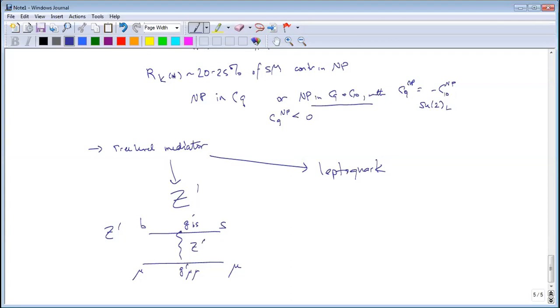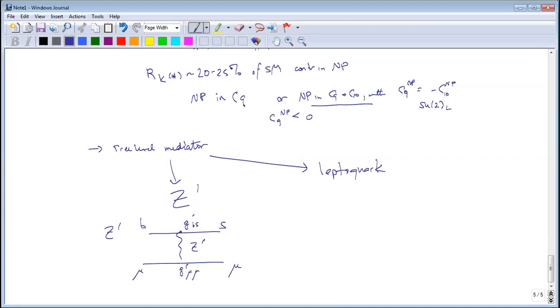So we can see that effects here are going to depend on the product g' bs, g' mu mu. But one thing you have to remember right away is that you have to worry about Bs mixing, because notice here I wrote bs on the top line, but I could easily write another bs line on the bottom line with it flipped, and you could get a contribution to the B meson mixing, which so far doesn't allow for much wiggle room for new physics.